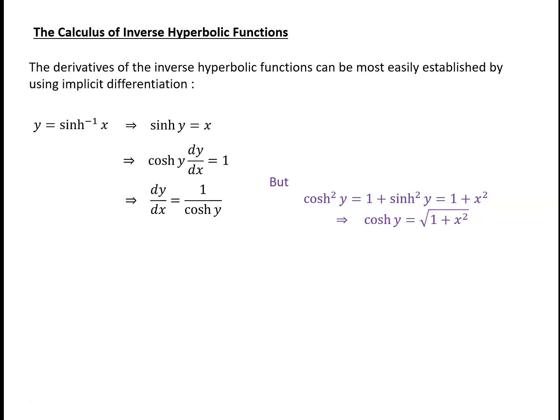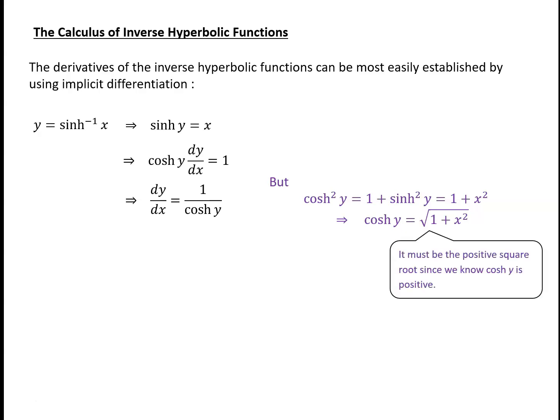Now in this case that is definite because cosh y is definitely a positive number. So we don't need to consider the possibility of cosh y being the negative root of 1 plus x squared. So we now know that dy by dx is 1 over the root of 1 plus x squared.